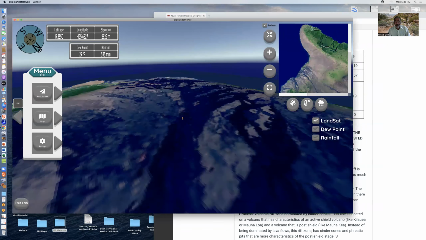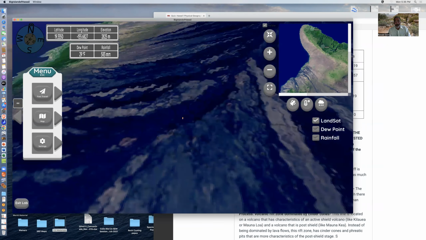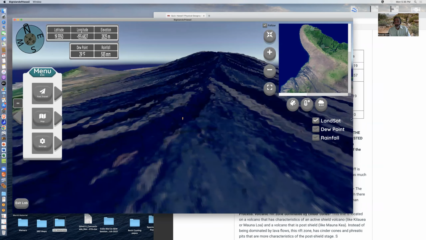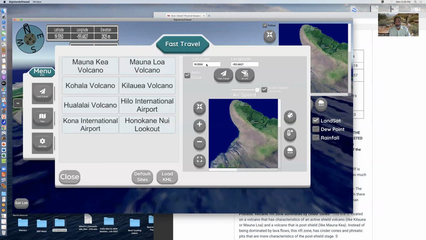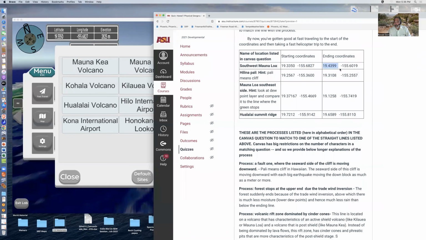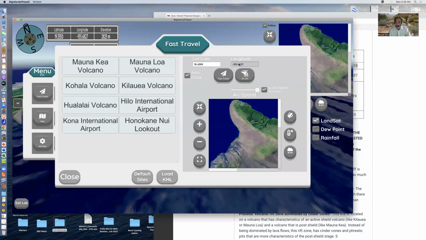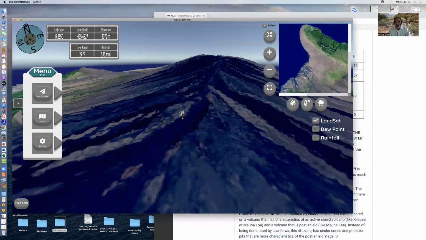All right, so this is one end of the flight line. And the ending coordinates that I program into fast travel is this one. I'm just copying and pasting it into longitude. I hope you have a kid to help you because they can do that and you can take notes. I want to use the helicopter ride as fast as possible, and away we go.